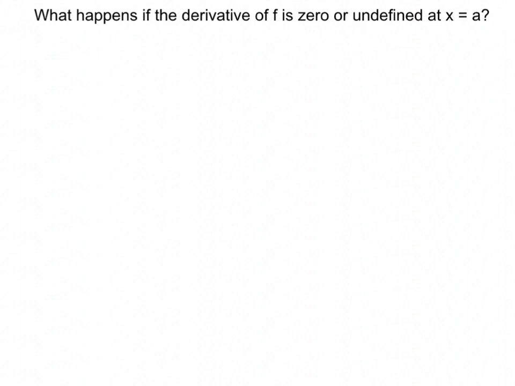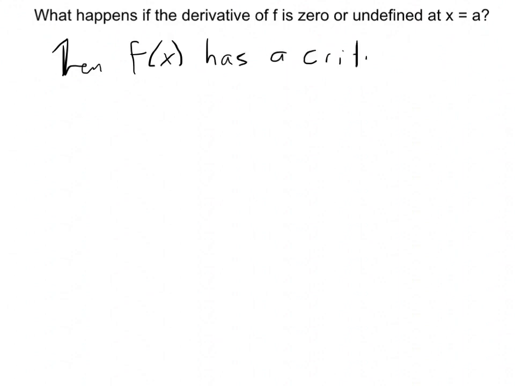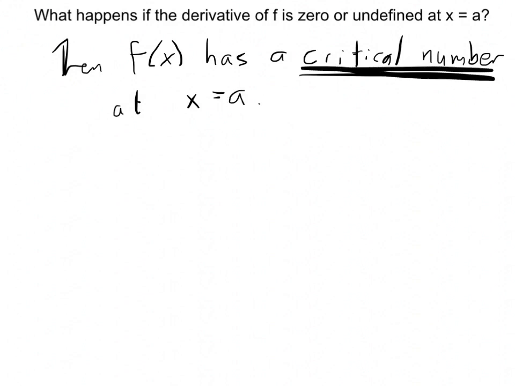The short of it, and I'm going to talk more about this in tomorrow's lesson, is if this happens, then our function f of x has a critical number at x equals a. So this concept of a critical number is going to end up being pretty huge in this chapter. All I'm really going to say right now is that if you've got a derivative that ends up being 0 or undefined, you've got a critical number there.